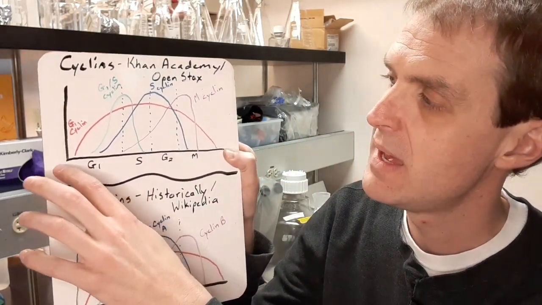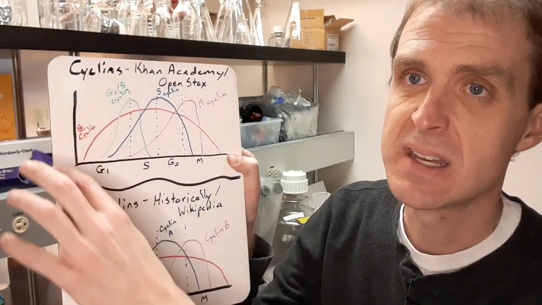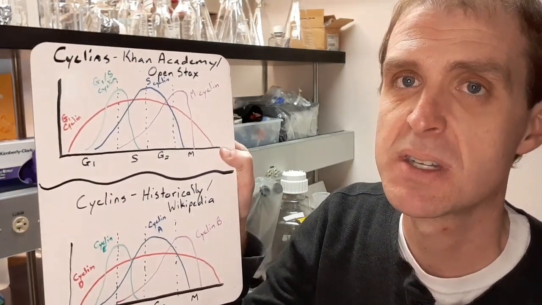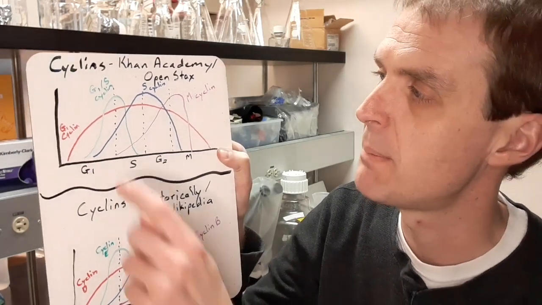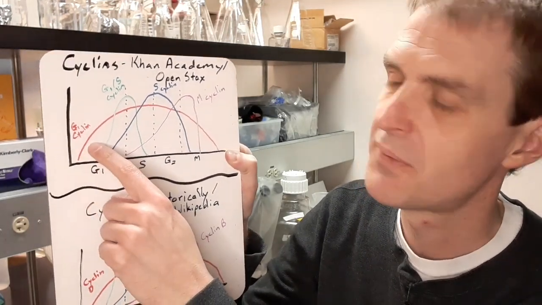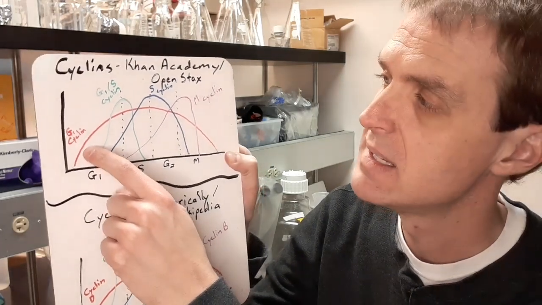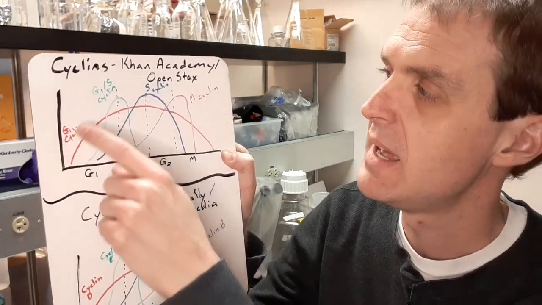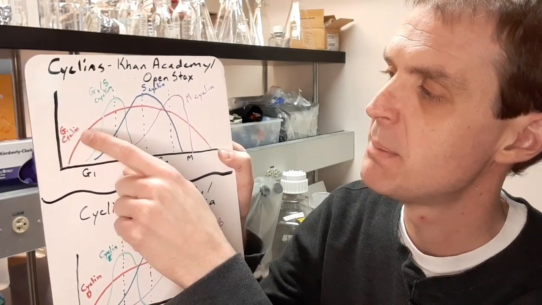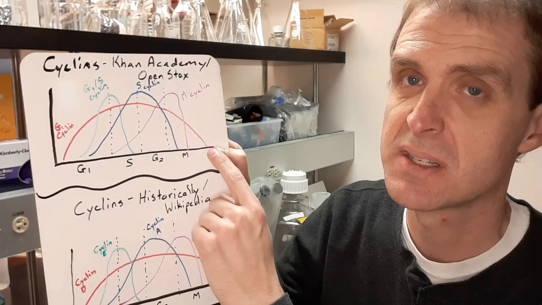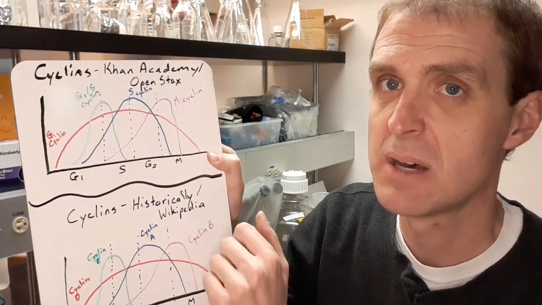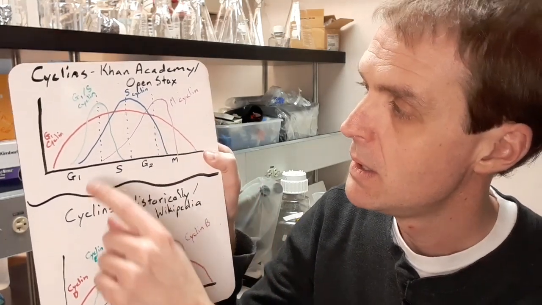Okay, and then the y-axis, I don't have it labeled, but it's just the abundance of whichever cyclin you're talking about. For example, this first red line says G1 cyclin, and it becomes abundant during G1 phase, holds out, and then during mitosis the concentration goes down because the cell has split.